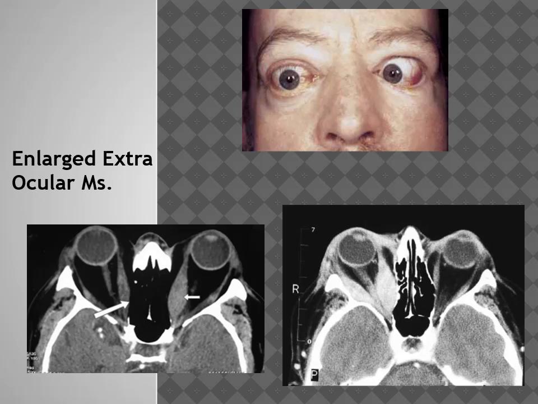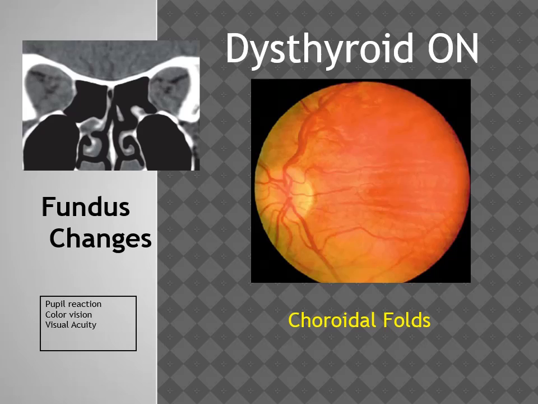Okay, the other photos here show esotropia. Esotropia is manifested as enlargement of the extraocular muscles, the four recti muscles.